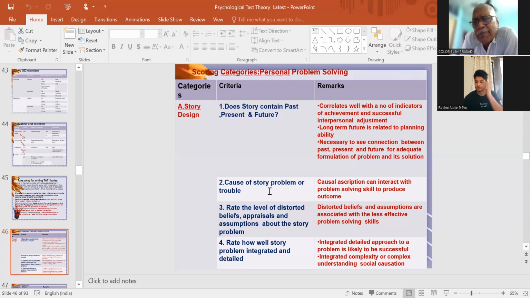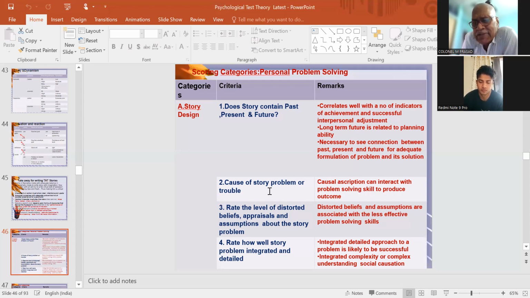So cause of story, problem or trouble. What is the cause of the story? He wanted to enjoy, he enjoyed playing matches, playing basketball, that's all. Okay. Are there any distorted beliefs? Yes, distorted belief, because you have not been in a position to indicate how and why you achieved your aim of becoming a national player.